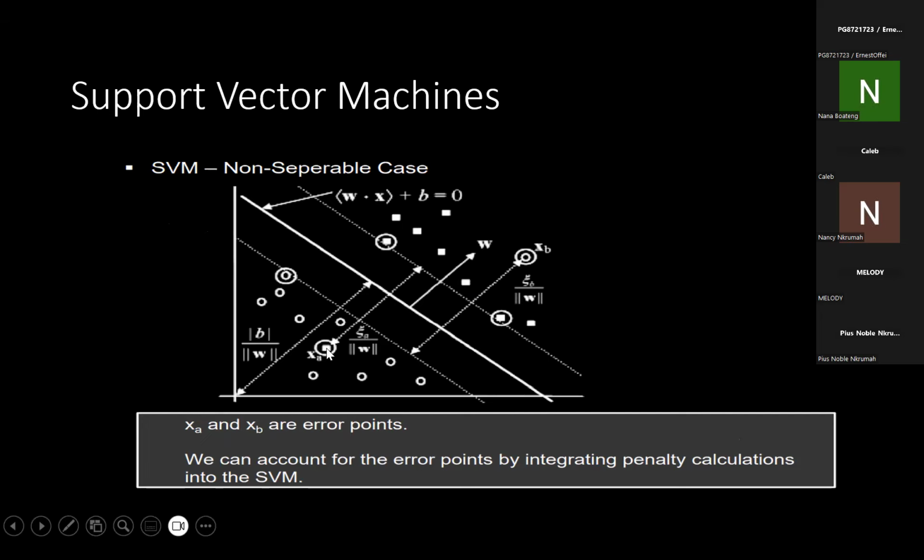If you use a linear function to separate the two, you will misclassify this data point, and this data point. Some round data points are also here, where you have many of the square data points, and where you have the round ones, you have some square ones. So these are error points.